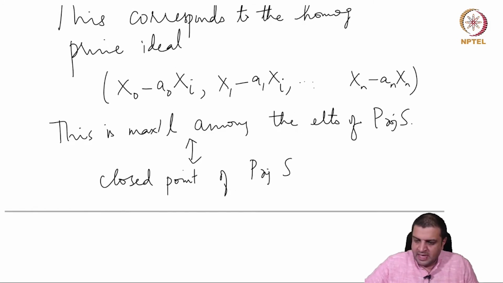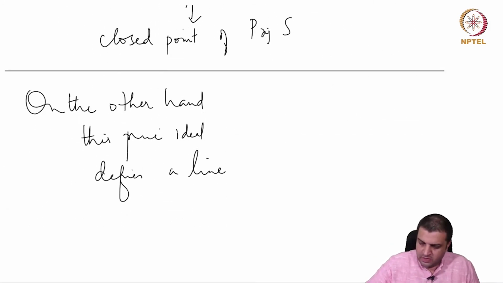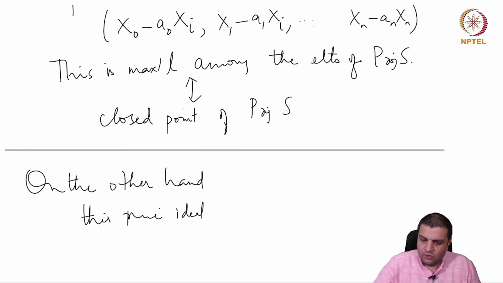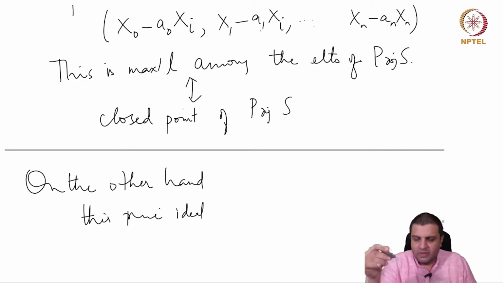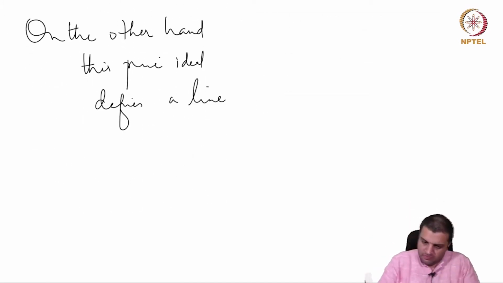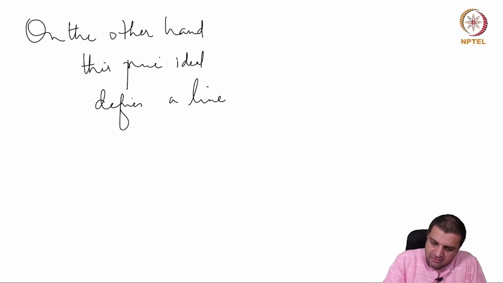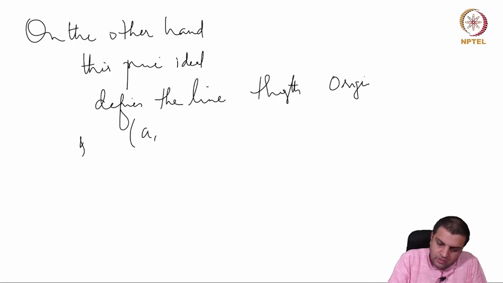So it's a line in K^(n+1) with these slopes: x0 over xi has slope a0, and x1 over xi has slope a1, and so on. So it defines the line through the origin and (a0, ..., an) inside K^(n+1).